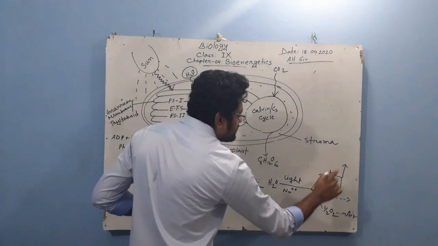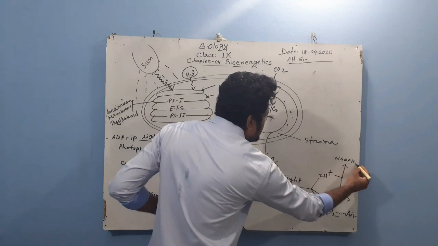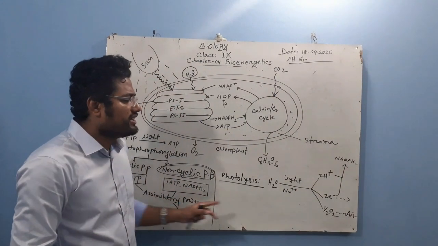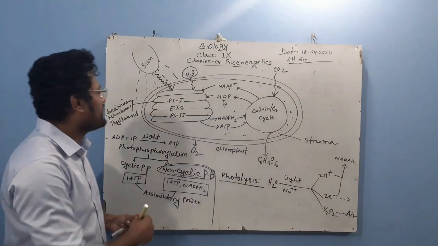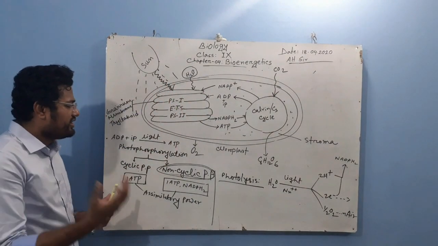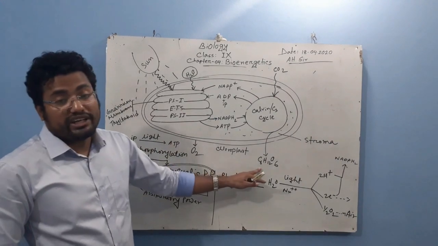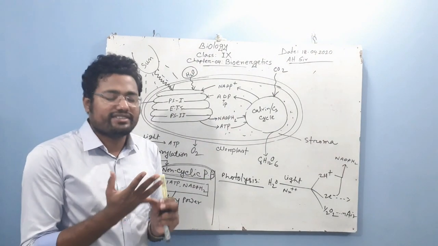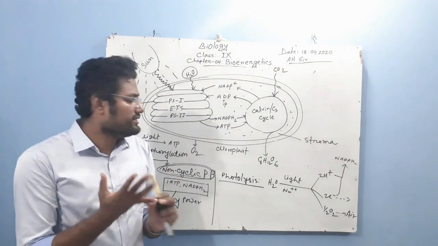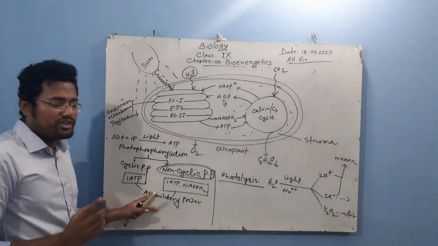So in the light phase, we get assimilatory power, but no carbohydrate is produced. The main chemical reactions in the light phase are photophosphorylation, photolysis and assimilatory power production.